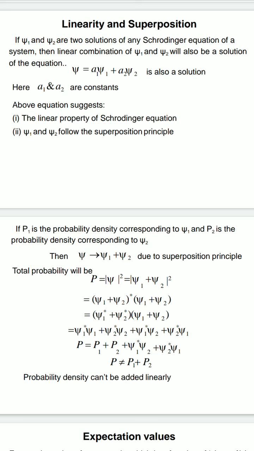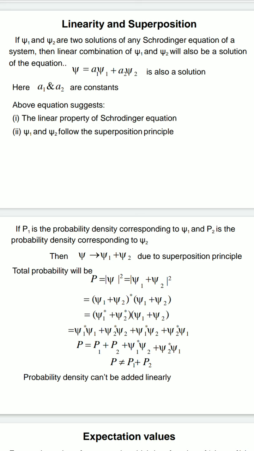That is what we are going to check. If you have wave function psi equal to psi 1 plus psi 2, due to the superposition principle, how will you get the total probability?